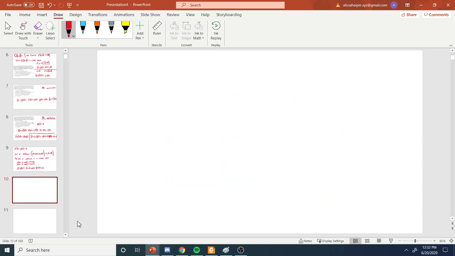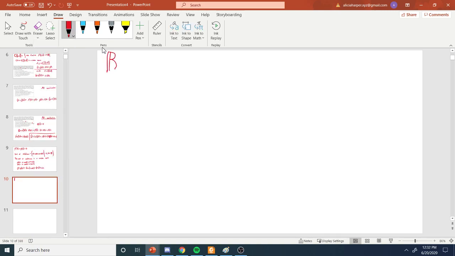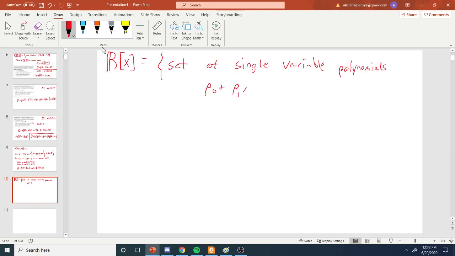Let's do another example. How about we look at R of x? So R adjoined x is the set of single variable polynomials p naught plus p1 times x plus p2 times x squared plus and so on, all the way up to pn times x to the n for some n.